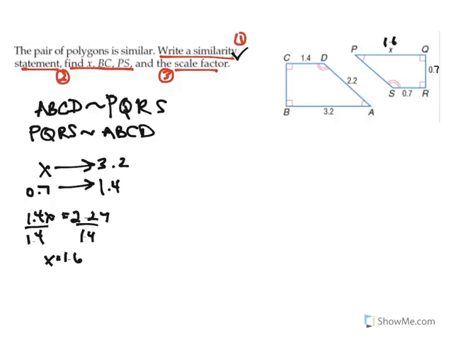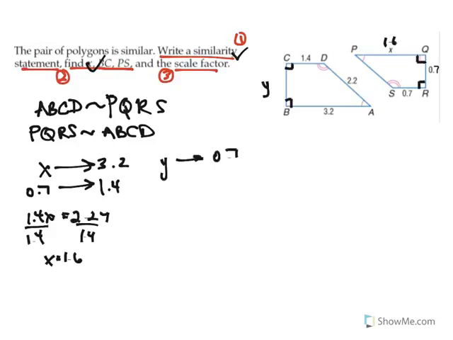Okay. So we found X, now let's find BC. BC is right here, this side here. I'm just going to name this Y now because I already used X up here and I don't want to get confused. So the new variable that I'm looking for is Y. And Y, the side between the two right angles, corresponds to this side on the other figure, which is 0.7.